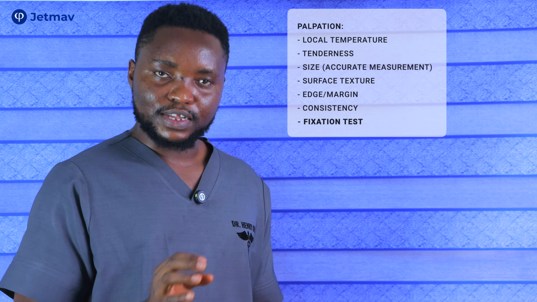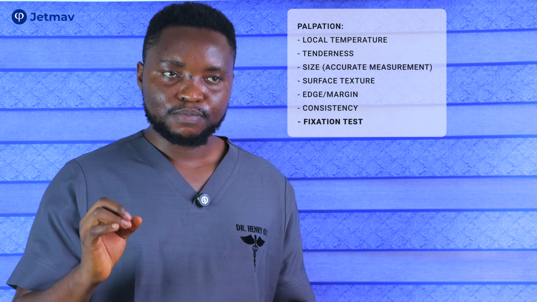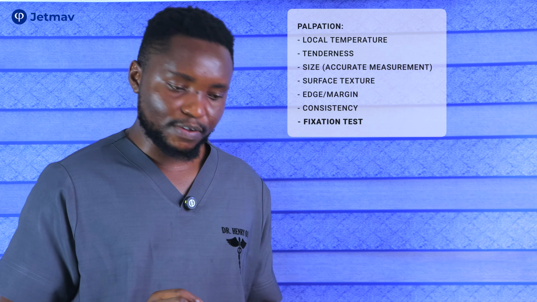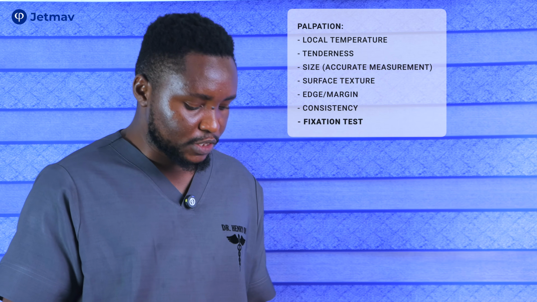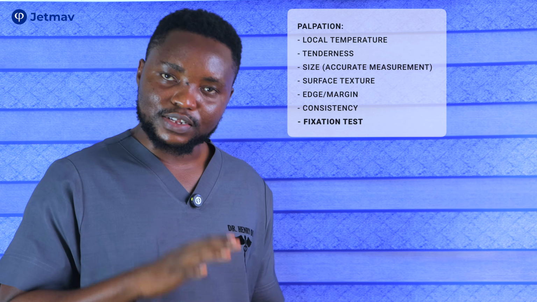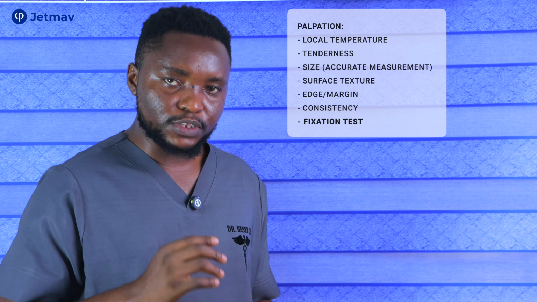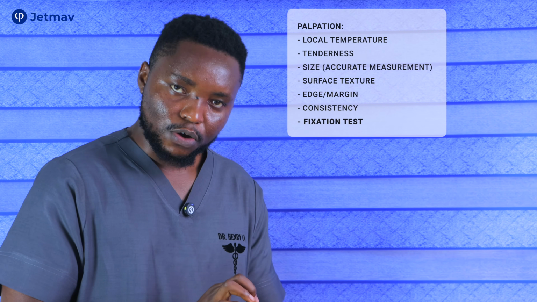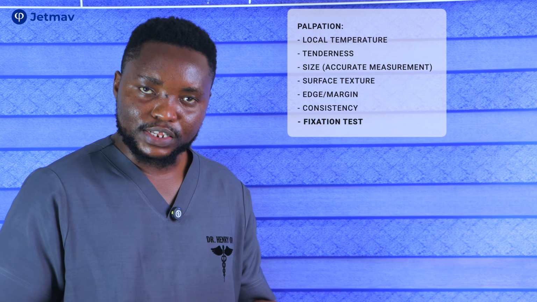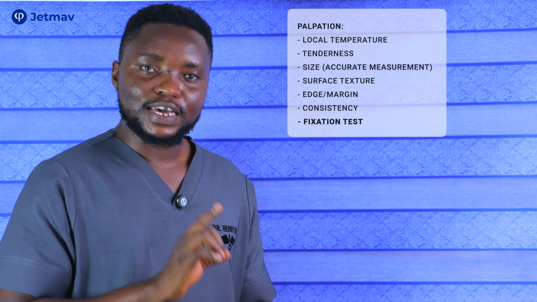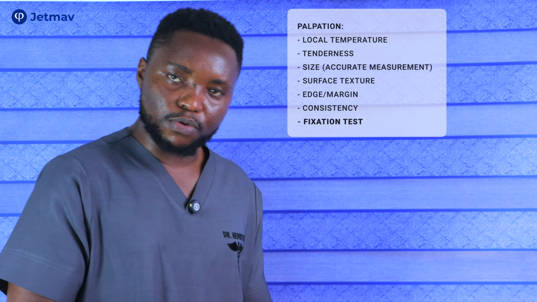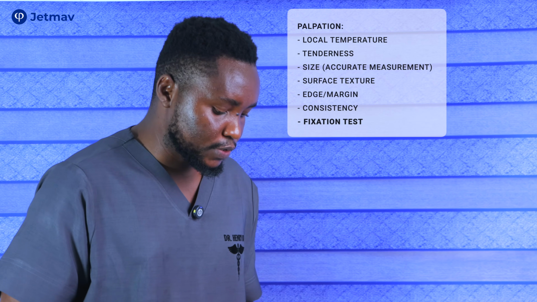So 3 tests. We're going to do the skin fixation test, the mobility test to see if the mass is mobile, then we'll put the muscle under the mass under tension. If the mass is mobile ordinarily, then when you put the muscle under tension, the mass ceases to be mobile. It means that the mass is attached to the muscle or the tendons of the muscle. So that's what we're going to do now.